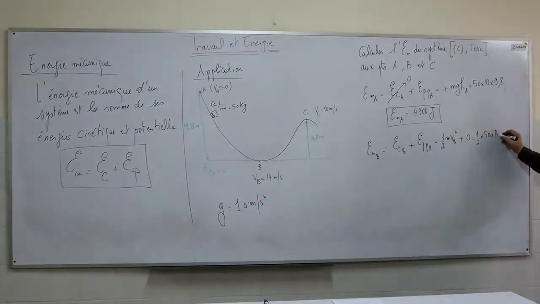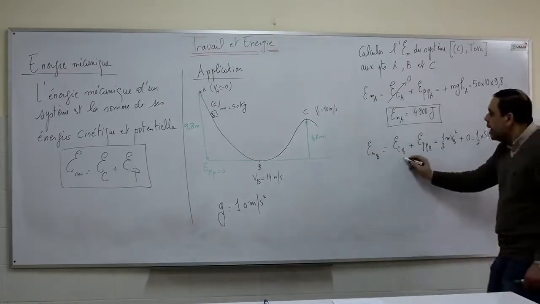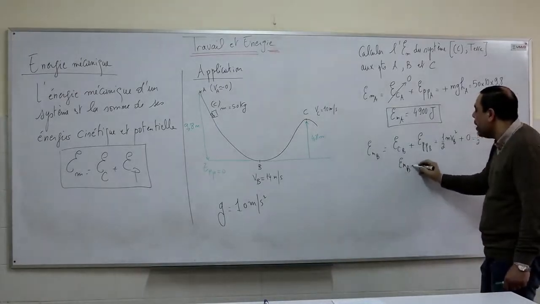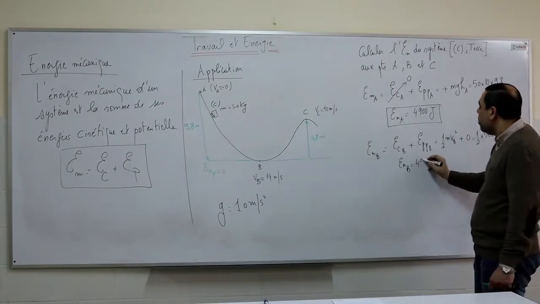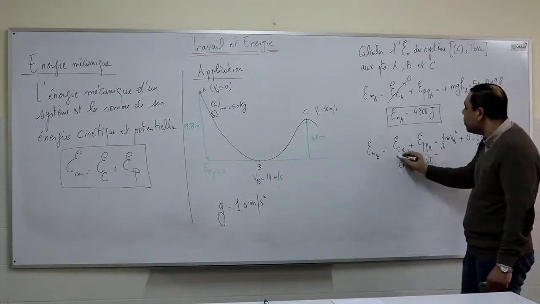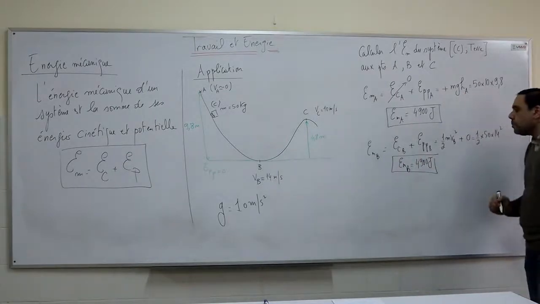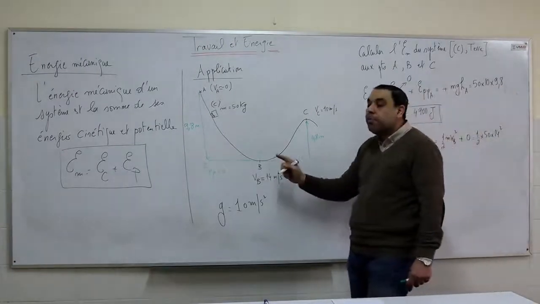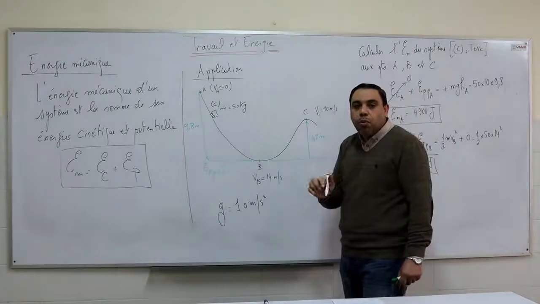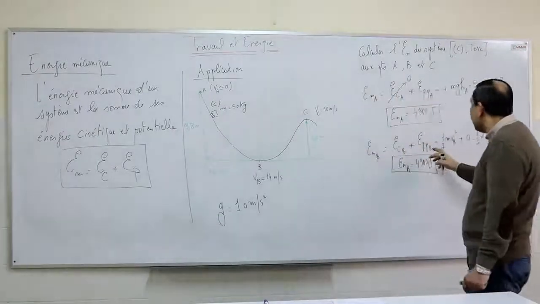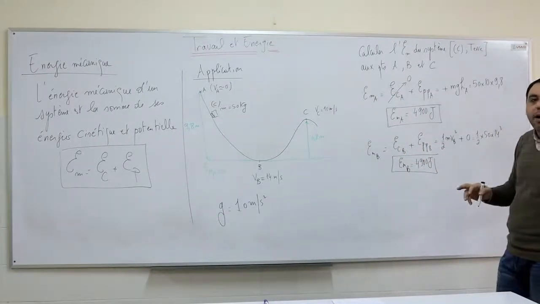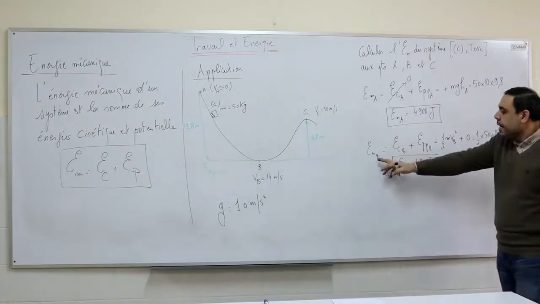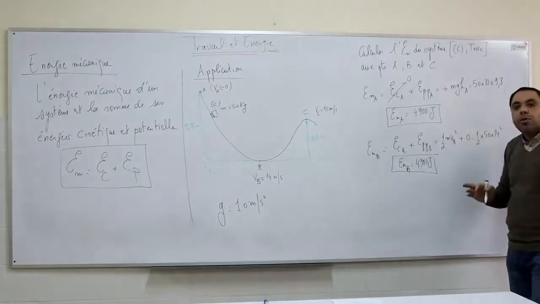Half times 50 times 14 squared. The mechanical energy at B is equal to 4,900 joules. Note that the mechanical energy at B is purely kinetic, since the gravitational potential energy at B is 0.